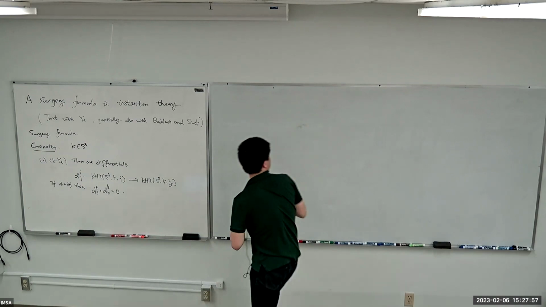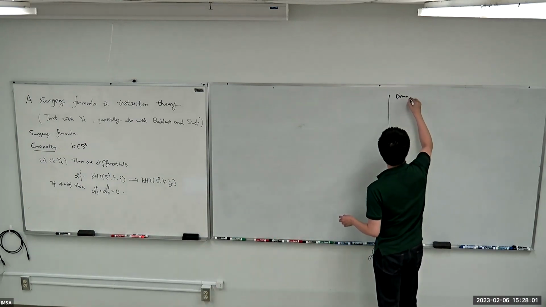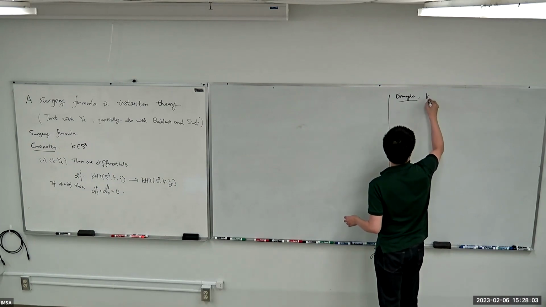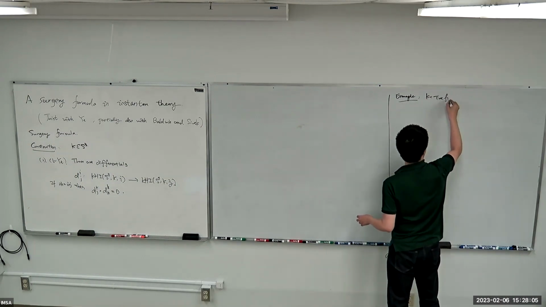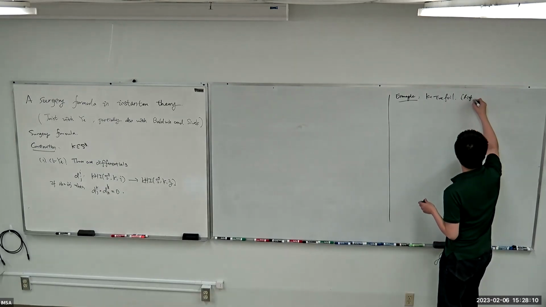Maybe it is good to have one example. So let me take K to be the trefoil. This should be the right-handed trefoil.